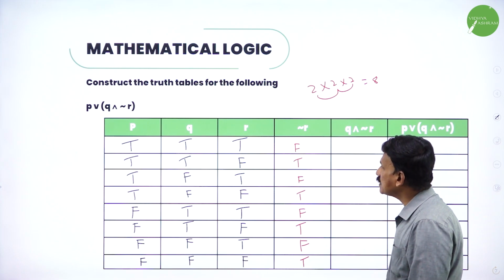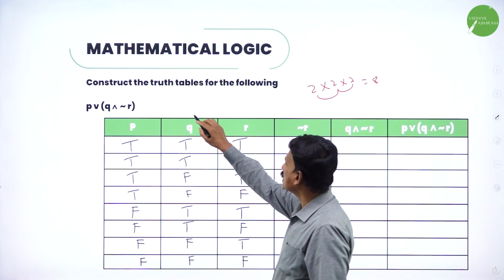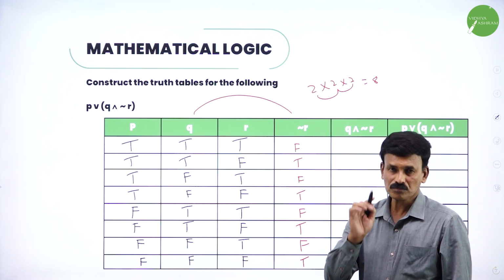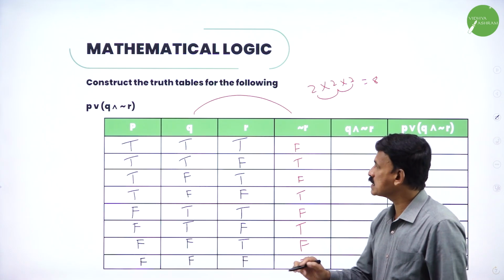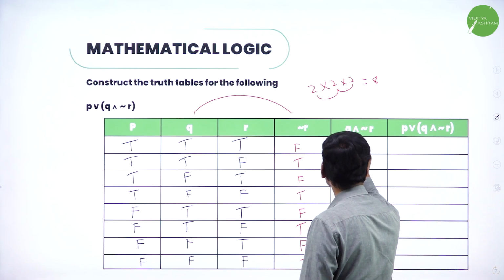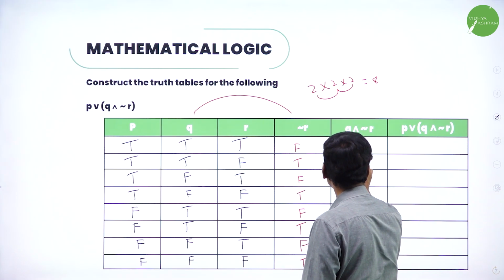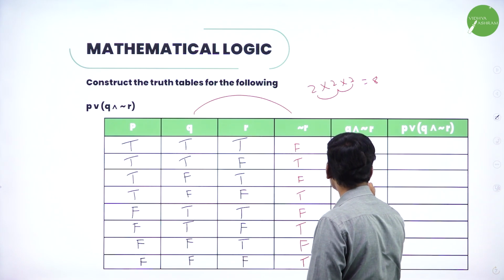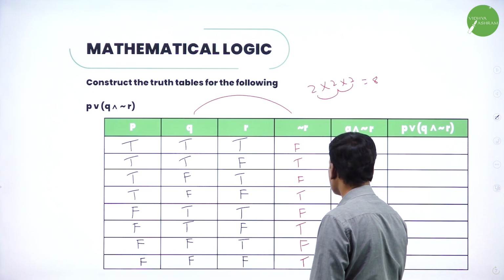Now the conjunction for Q and negation R. Conjunction means true and true is true, in all other cases it is false. So true and false is false. Again true and true is true. Next, false and false is false. False and true is also false. True and false is also false.